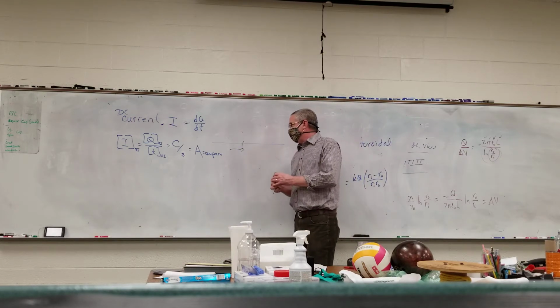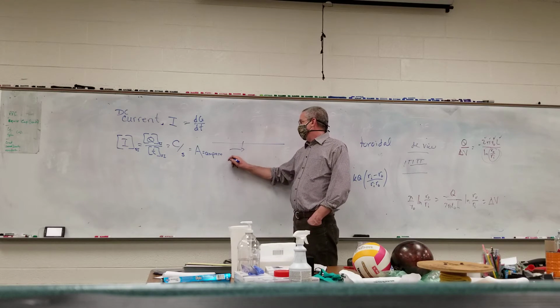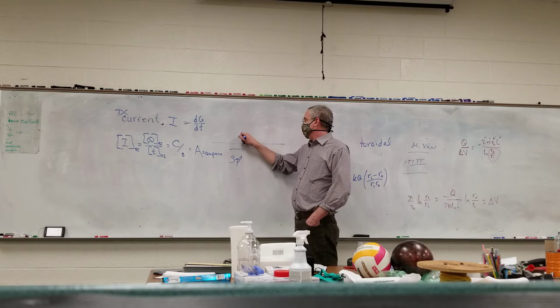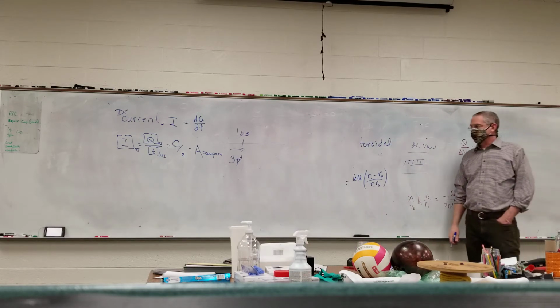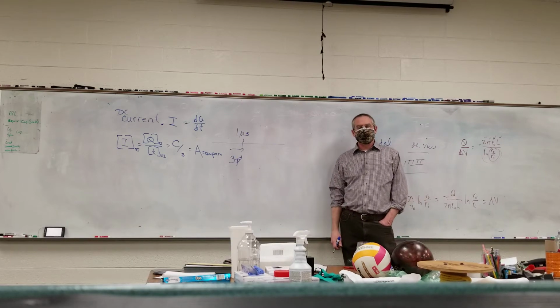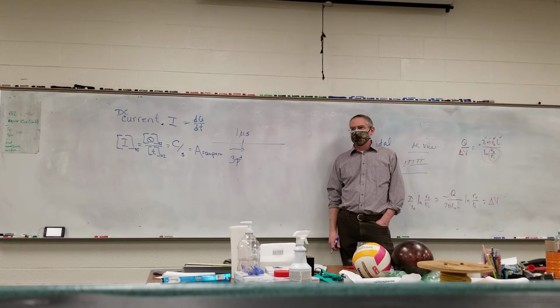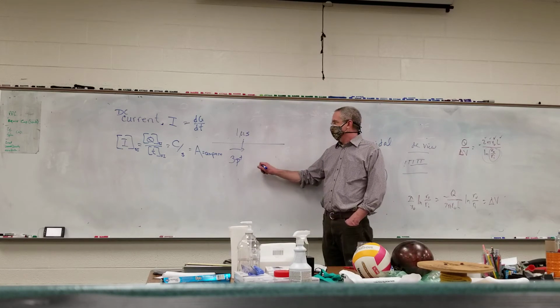So let's just do an example. I have a current of, let's just say, 3 protons passing by every microsecond. What is my current? So it's 3 times the charge of the proton over 1 microsecond.